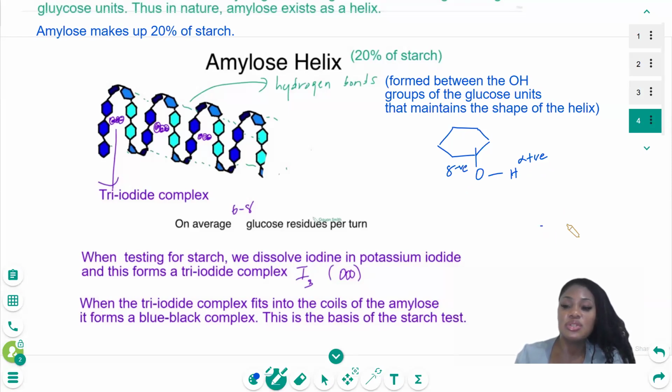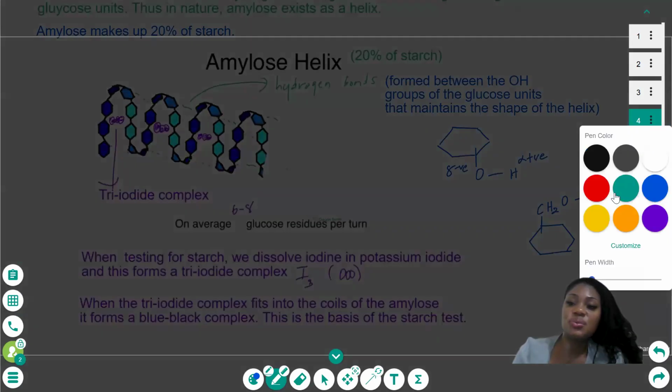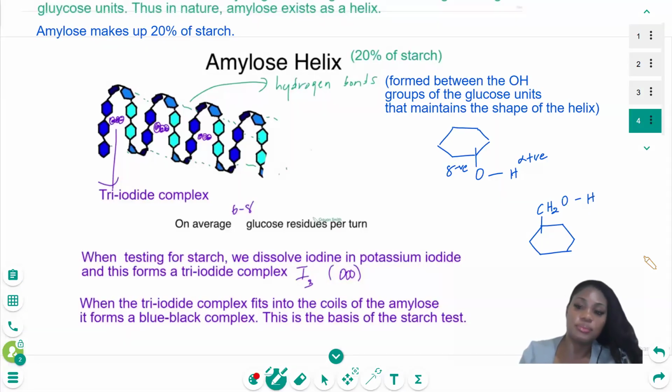So a glucose unit that is way down from it, like 6 to 8 molecules away, if it has an OH on it, then the H, which is attached to the O, is slightly positive.